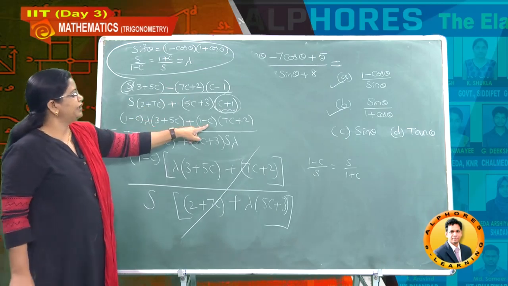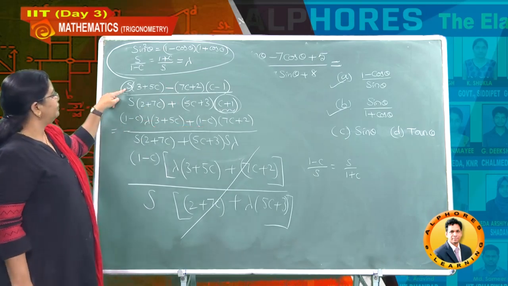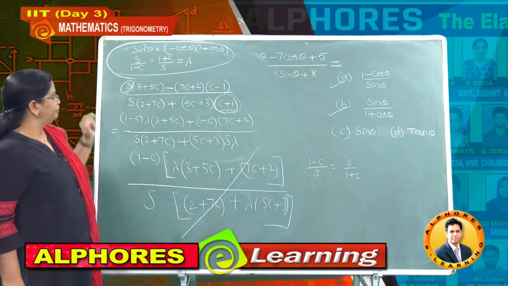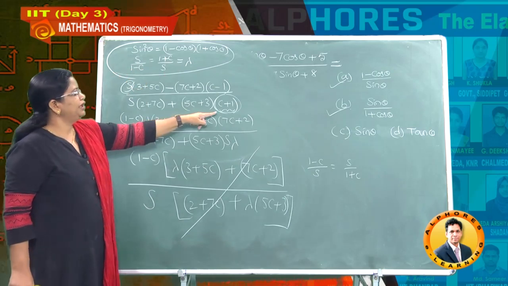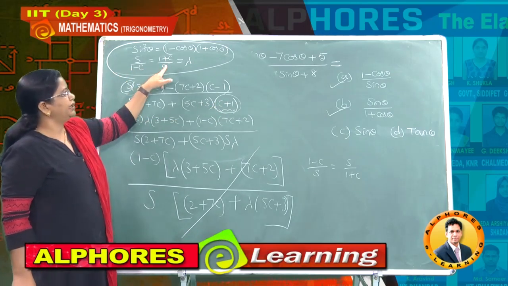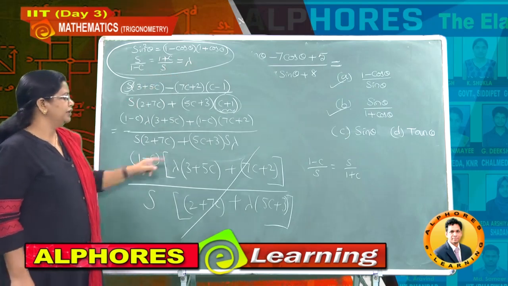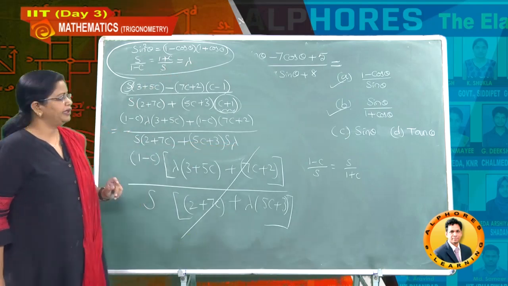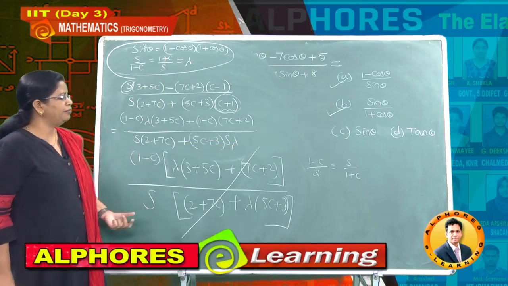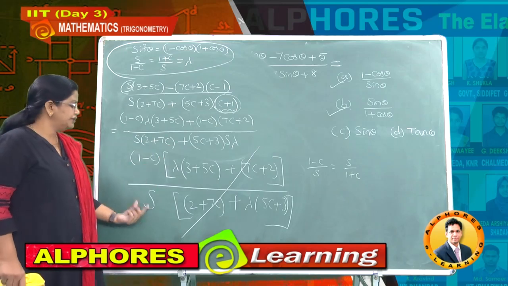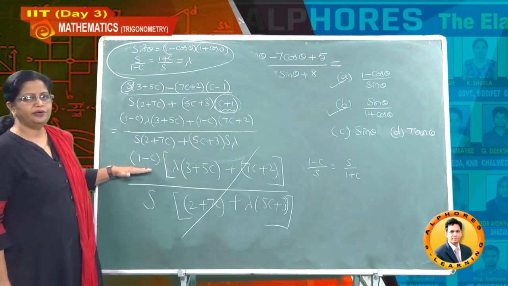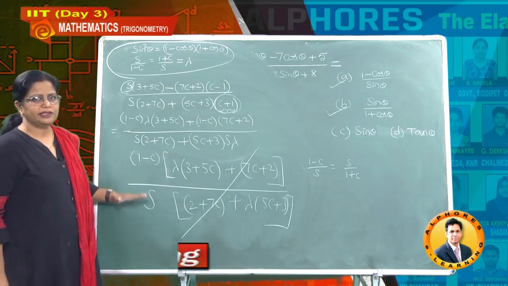Then for this 1 minus cos, I have taken sin as 1 minus cos into lambda. And again here in the denominator cos plus 1 is there, for that purpose we have taken sin into lambda. So those values we substituted. From the numerator we have taken 1 minus cos common, from the denominator we took sin common. Now these two values get cancelled. Finally you got 1 minus cos theta by sin theta.